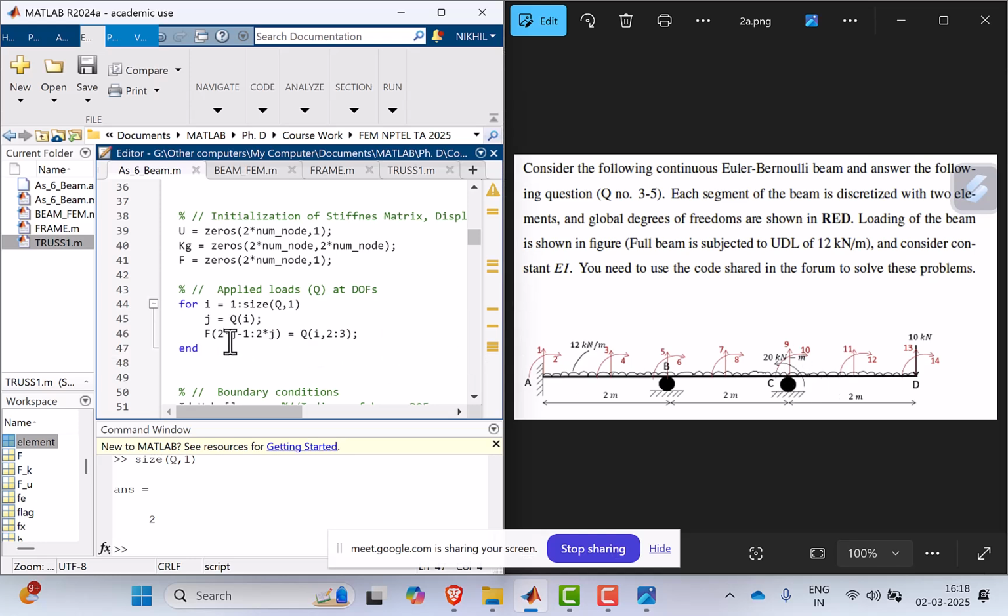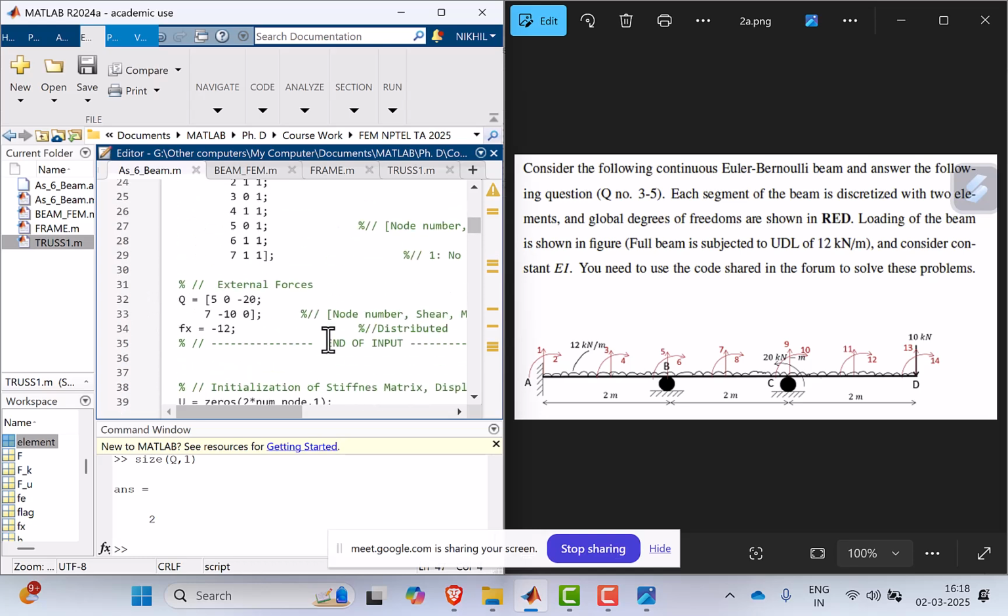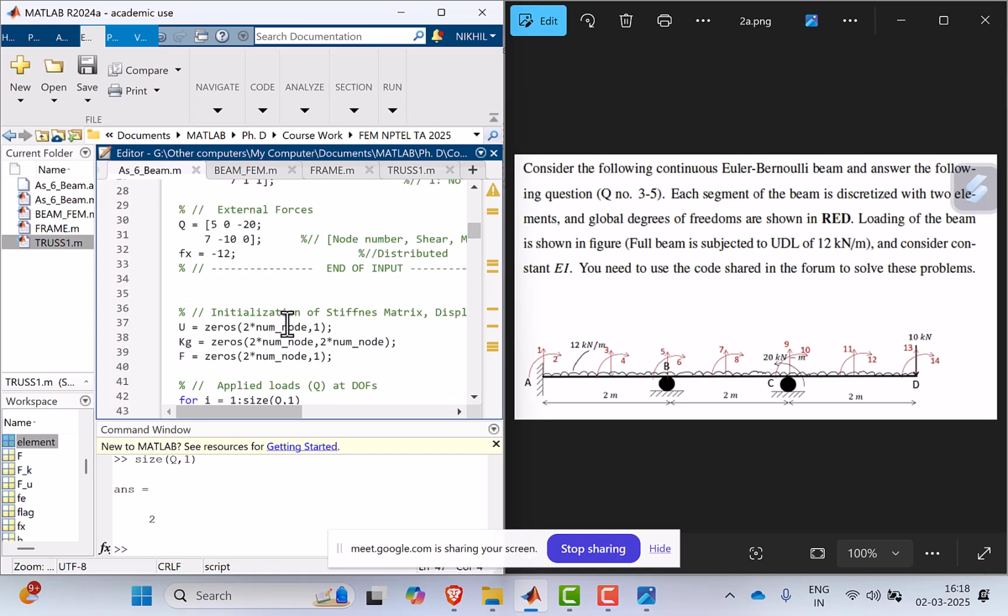We have got 5, so 5 into 2 is 10, minus 1 is 9, and 5 into 2 is 10. So F will store from 9 to 10 the values of q(2, 2 to 3). Q(2, 2 to 3) is 0 and -20, so F9 will be 0 and F10 will be -20.